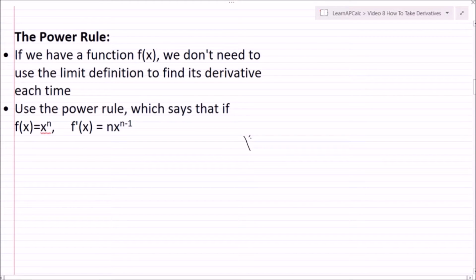So for example, x cubed, all I'm going to do is take this 3, multiply it out in the front, and take this exponent minus 1, 3x squared. Very simple. Again, x to the 5th, 5x to the 4th, n x to the n minus 1.